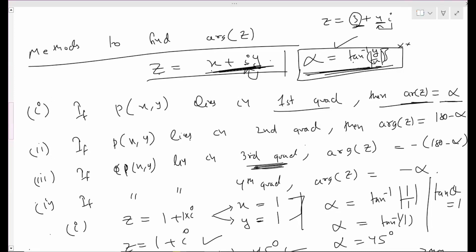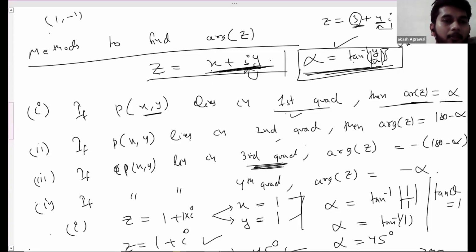Now you have to check x comma y, which quadrant they lie in. First, second, third, fourth. Right. If I tell you 1 comma minus 1, which quadrant does it lie in? Afnan? Sir, again, sir, not here. 1 comma minus 1, which quadrant does it lie in?